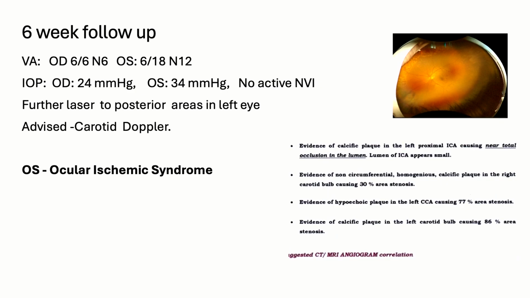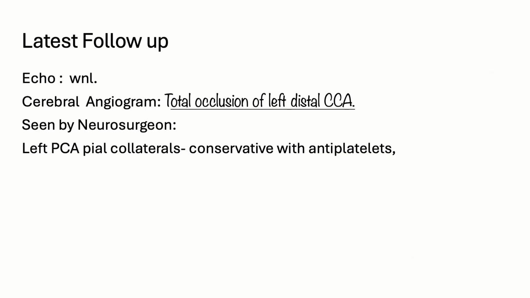Carotid Doppler was done, which showed almost near total occlusion of the lumen on the left proximal side. It was quite scary, something which started with a simple vision complaint and went into such a serious systemic issue, and an immediate neurosurgeon had to see this.